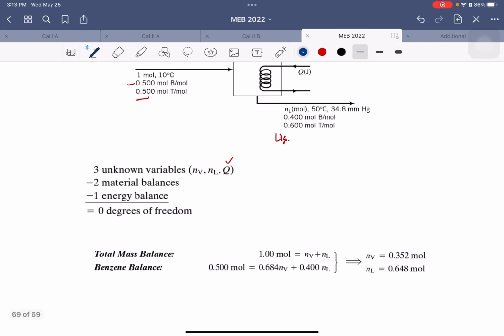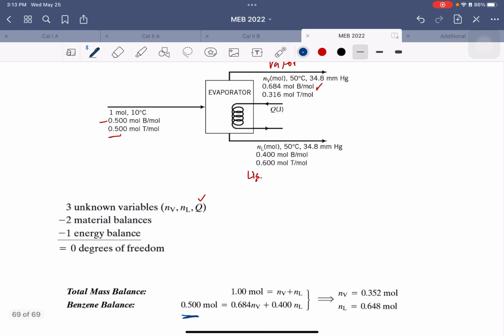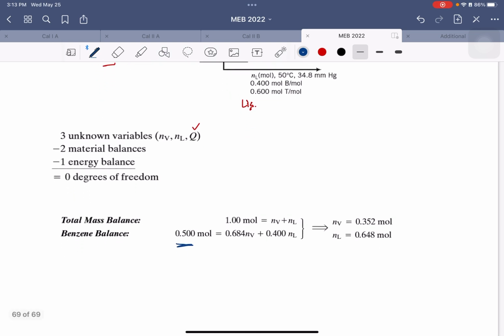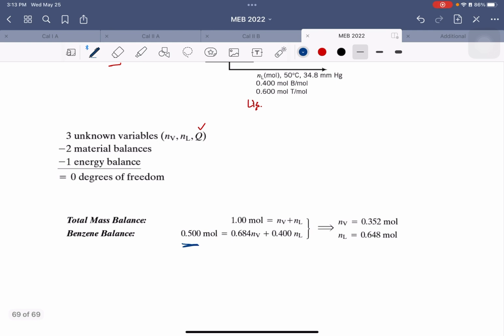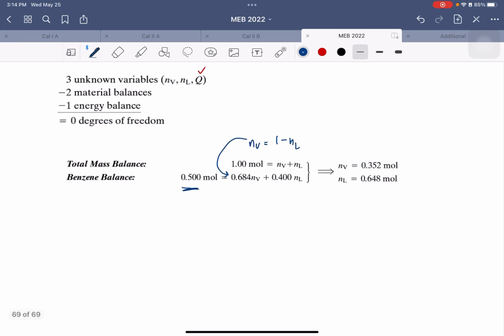And the benzene is from 0.5, and this turns out to be 0.6 and 0.4 for the benzene. And we can solve these linear equations. We can take NV as 1 minus NL, and then substitute it here, and we get each of the moles for vapor and for liquid.